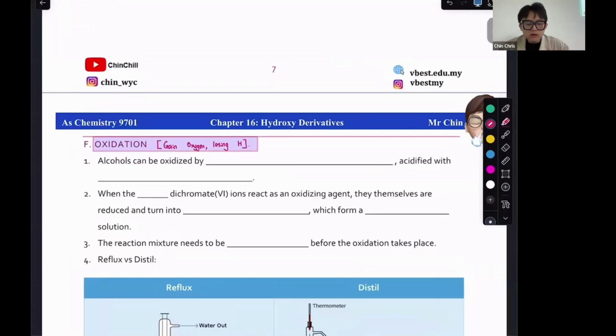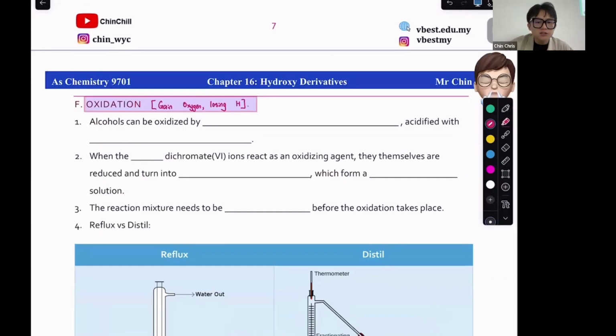So guys, how can we oxidize alcohol? We can oxidize by using K2Cr2O7 or KMnO4, acidified with H2SO4. That's it.